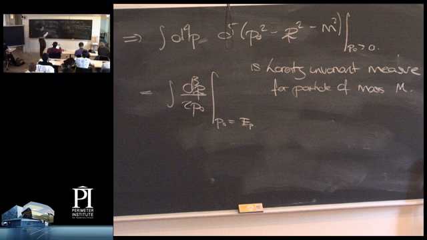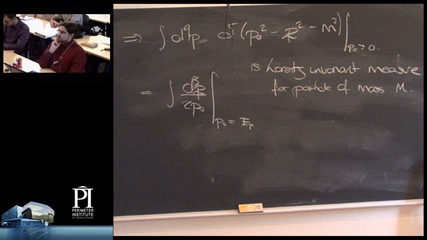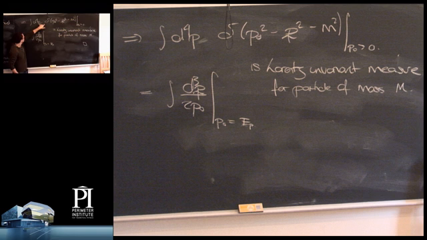I don't quite understand how the d4p became a d3p with that delta. I did the integration over p0, and I did it using this delta function, which meant that I only picked up p0 when p0 was equal to E_p. But because it's not delta of p0 minus something, but p0 squared minus something, I pick up this thing sitting on the bottom.